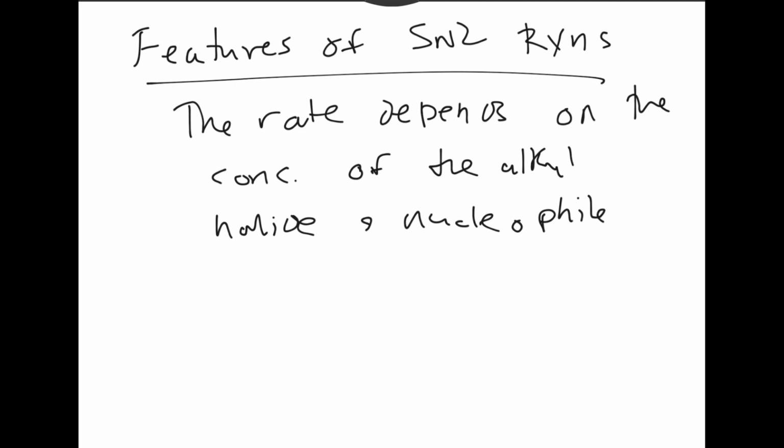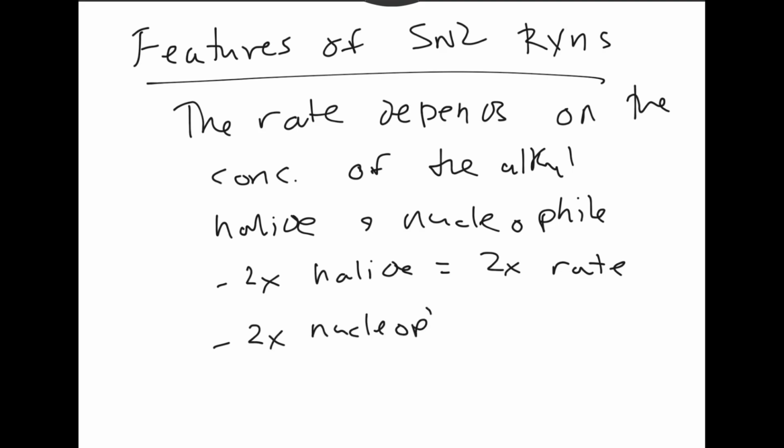So the rate depends on the concentration of the alkyl halide and the nucleophile. Right? That means if we have 2x halide, that equals 2x the rate of the reaction. Right? So if we double the amount of alkyl halide we have, we double the rate of the reaction. Double the amount of nucleophile, double the rate of the reaction.